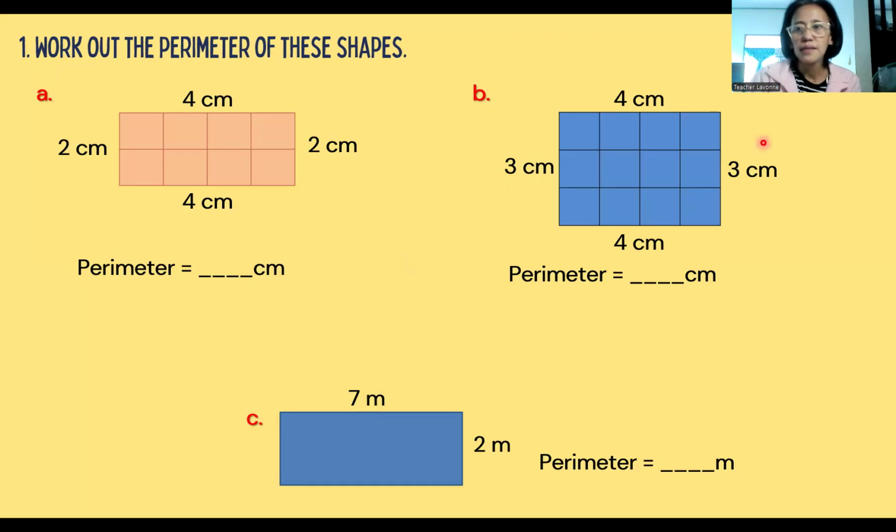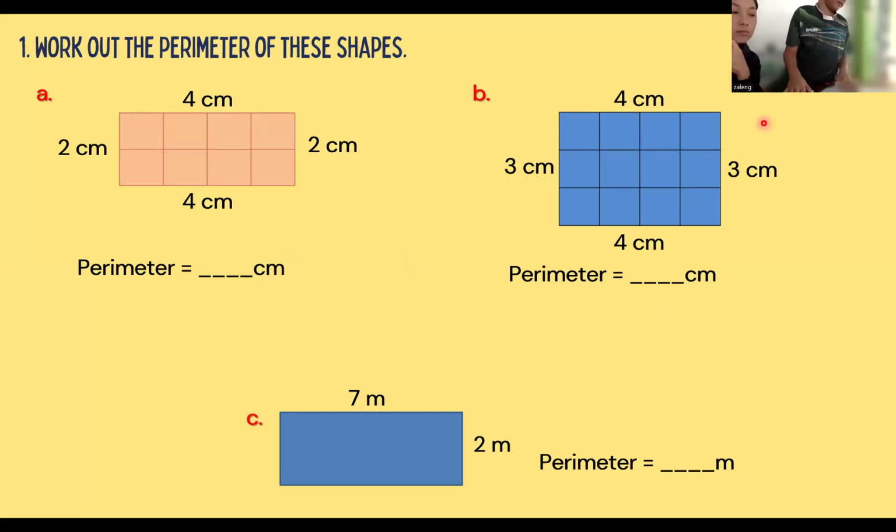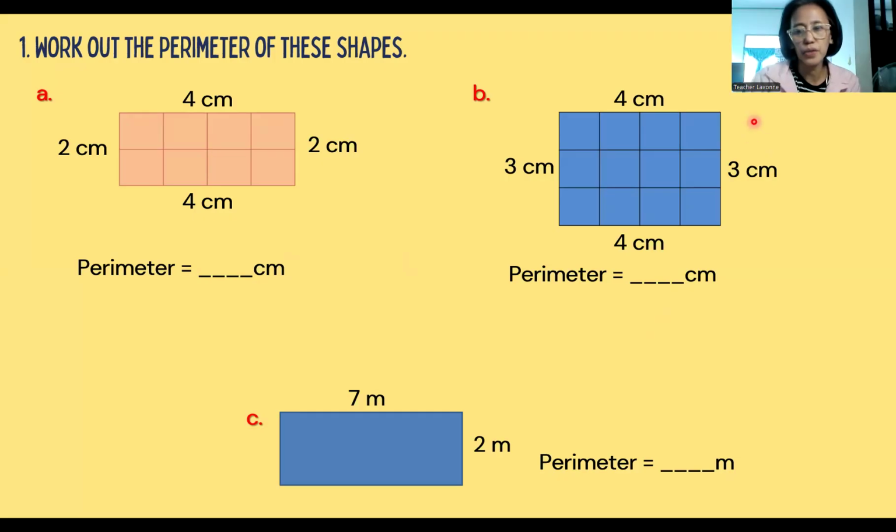Saleng. Teacher, I don't know how to say in the chat, but I say 18 meter. Okay, if you cannot do it in chat, you just tell me. What's your answer?